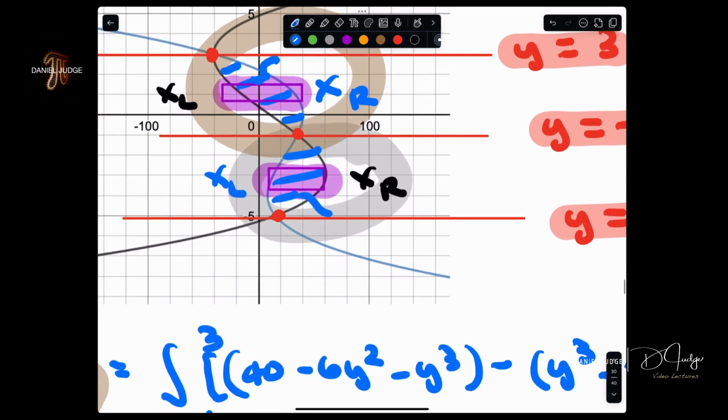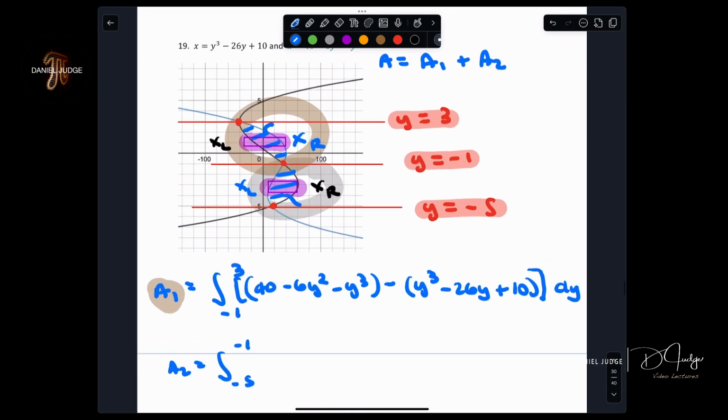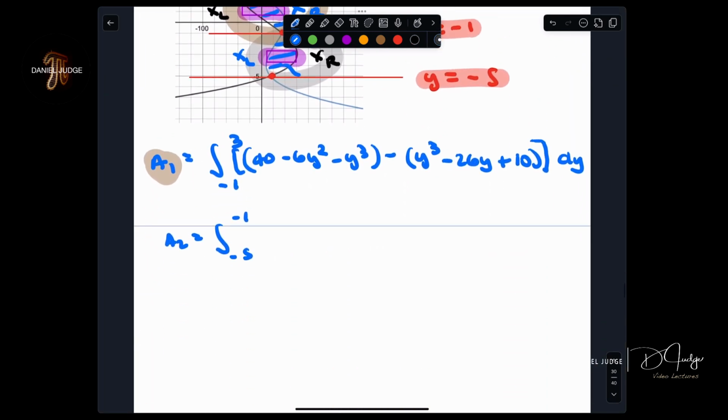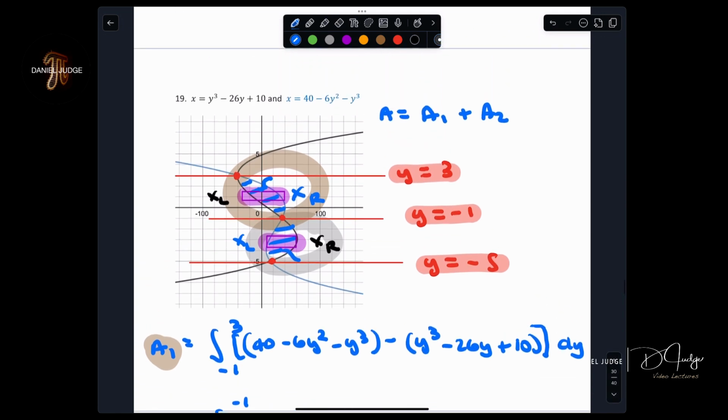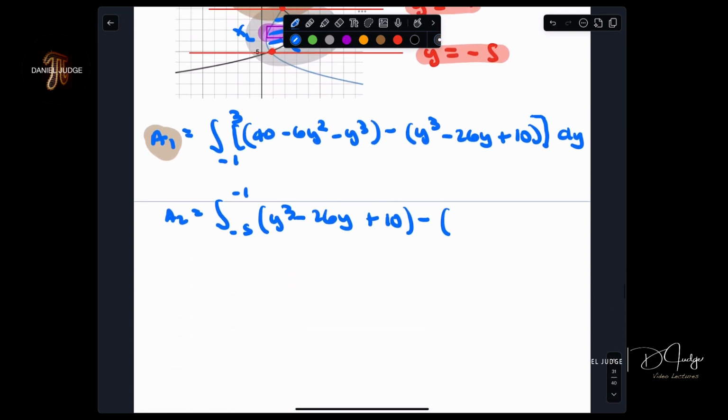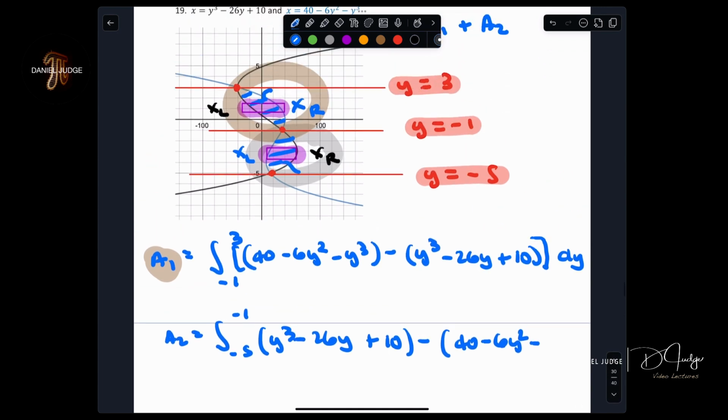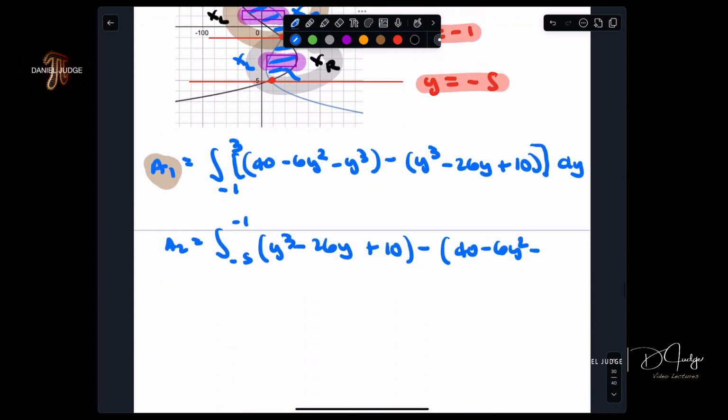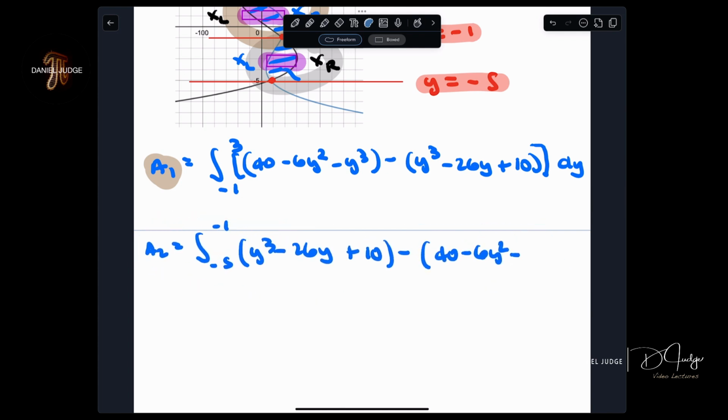The black curve is on the right, so that's y cubed minus 26y plus 10, minus the blue curve on the left, which is 40 minus 6y squared minus y cubed, dy.